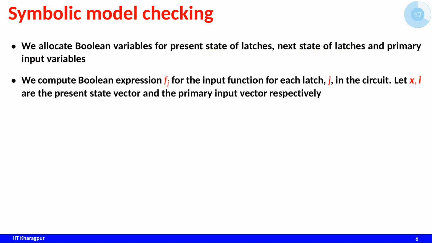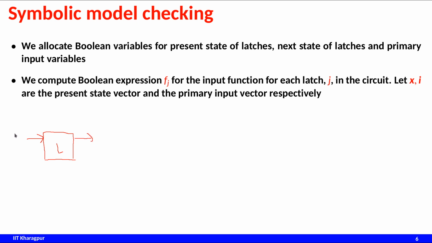So in a sequential circuit, I will have a set of latches in my design. Let's say this is some latch or flip-flop. I have some input, and this is my output.